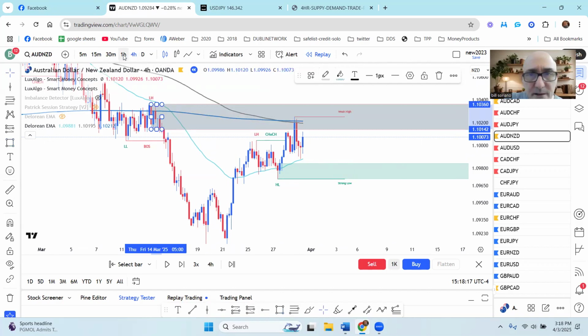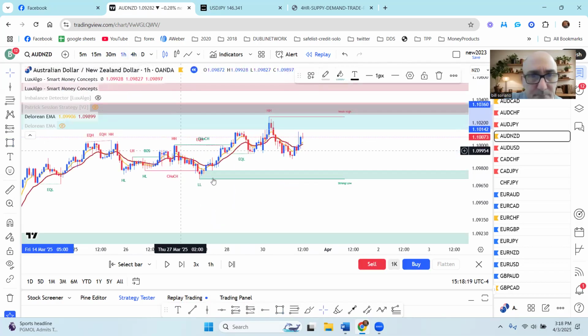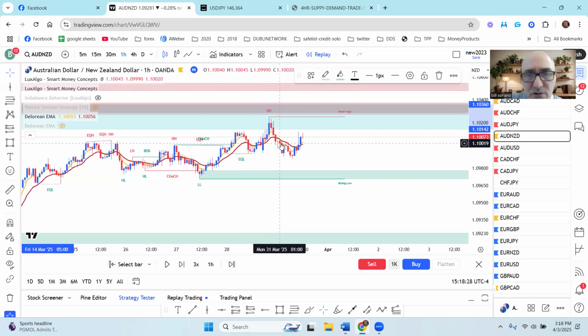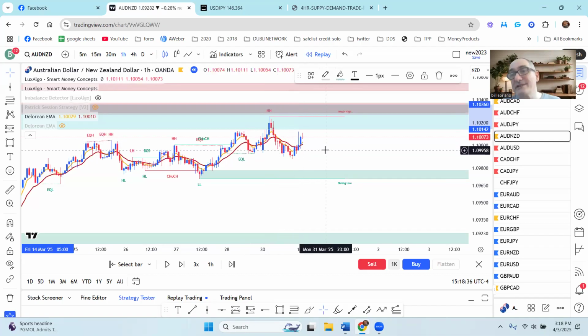As we drop down to the 1-hour time frame, you can see here's where price moves into the zone. And then we're looking for that sell shift. A sell shift is when the 5 EMA, the yellow line, crosses and closes below the red line, the 13 EMA.